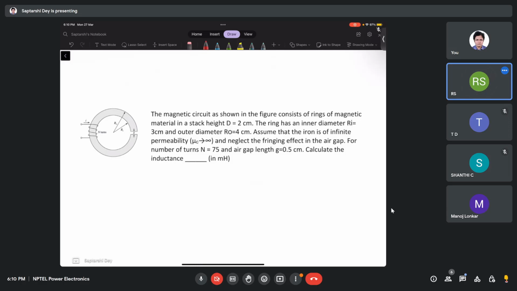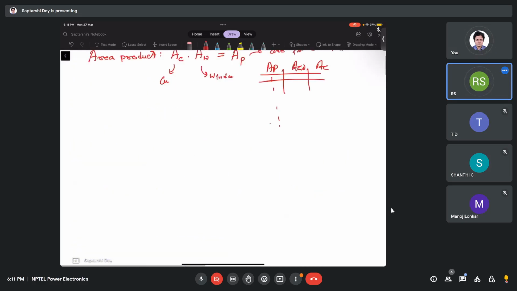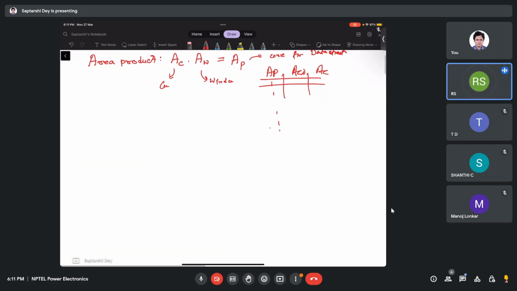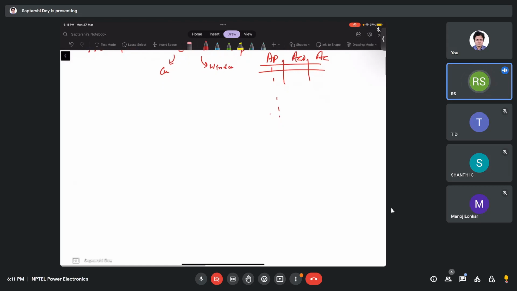Sir, there is a doubt in the forward converter transformer flux. Sir, in the forward converter on the primary there is a switch. If you turn on the switch, current in the primary will be increasing.